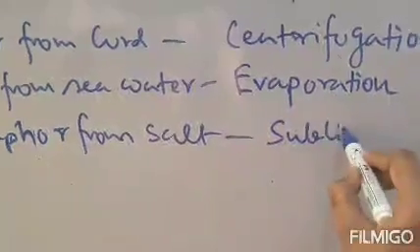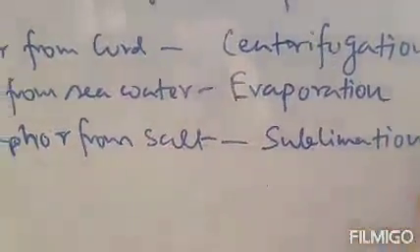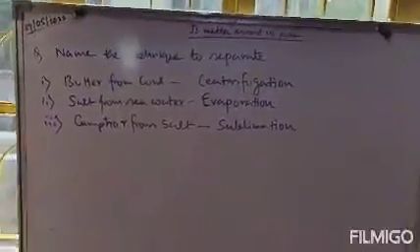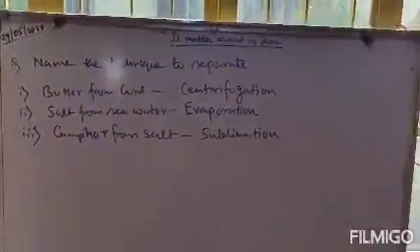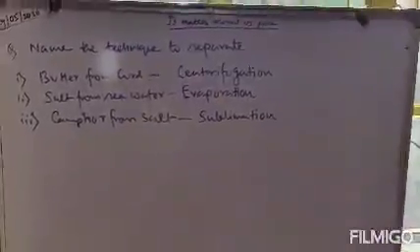And camphor from salt is separated by sublimation. So these three techniques: butter from curd by centrifugation, salt from seawater by evaporation, and camphor from salt by sublimation. Clear? Next.